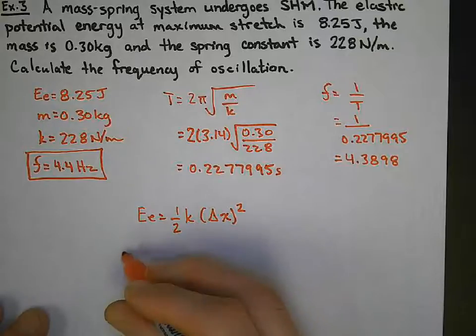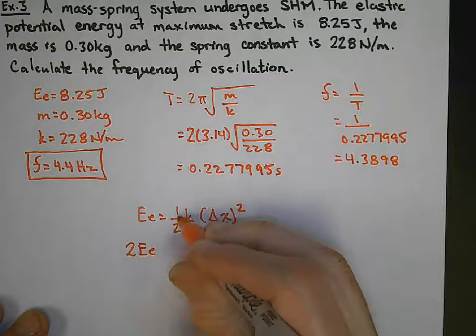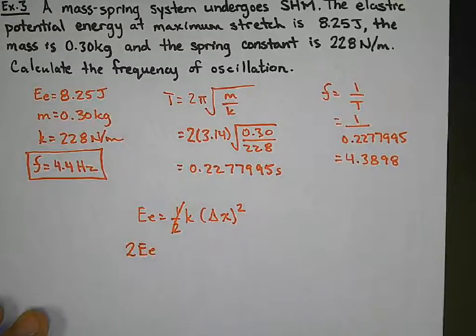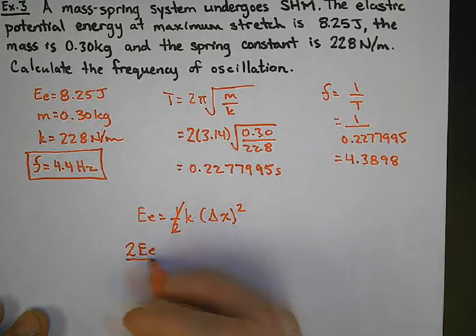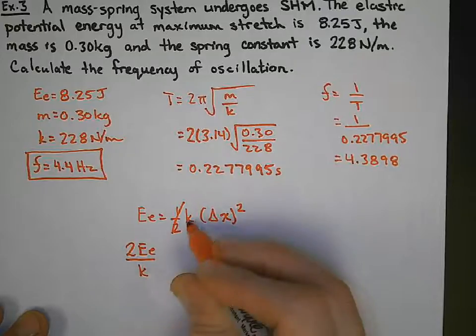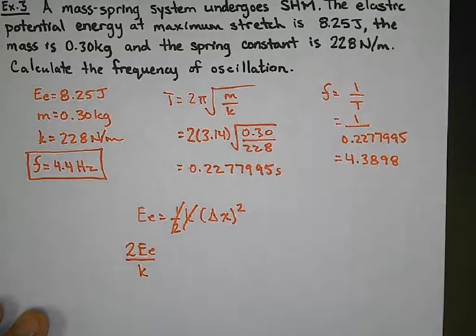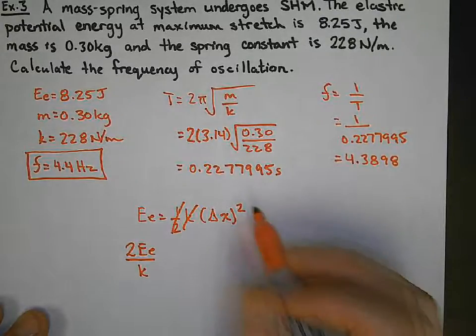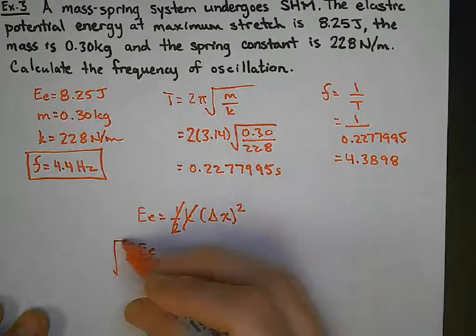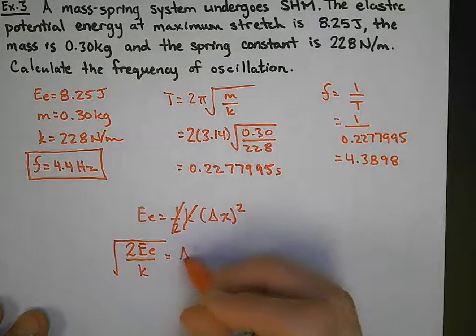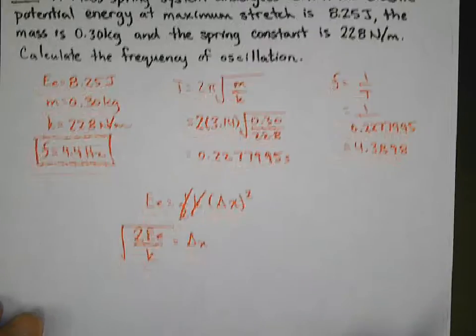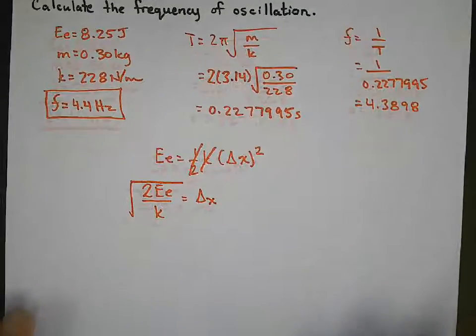We can solve this by taking 2 times our elastic potential energy, so we got rid of the divided by 2. We must divide by k as well, because we want to get rid of the k on the right-hand side of the equal sign. And delta x squared, so we must take the square root to figure out what this maximum displacement would be from resting position.